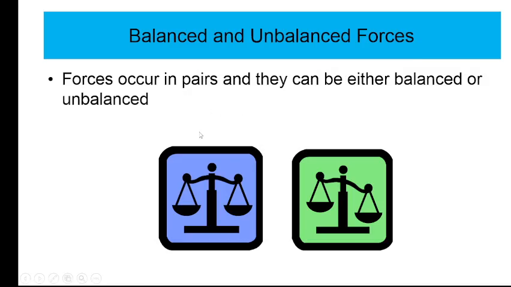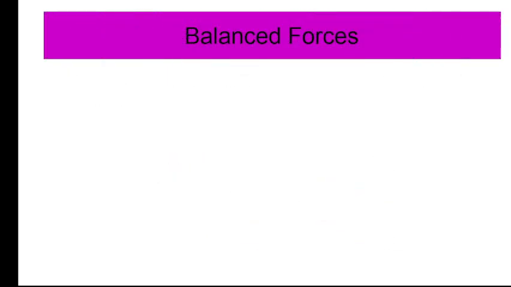Coming to the next slide, we'll learn about balanced and unbalanced forces. Forces occur in pairs and they can be either balanced or unbalanced. If balanced, both forces will be equal, and if unbalanced, both forces will be unequal in quantity.